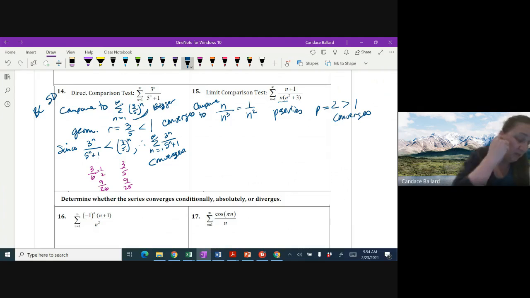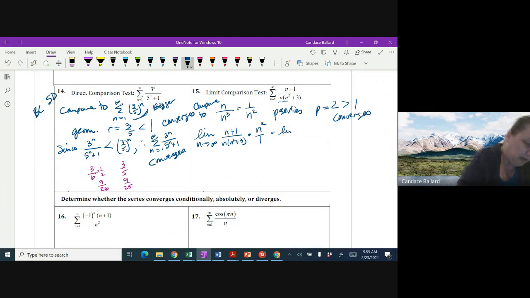Okay, so now let's try the actual limit comparison test and see if we can get it to work out this time. So we've got the limit as n approaches infinity. Remember, we take our original, goes in on the top, n plus 1 over n times n squared plus 3, okay? And then we divide by the comparison, or we multiply by the reciprocal. I am going to distribute the n squared through and the n on the bottom, okay?